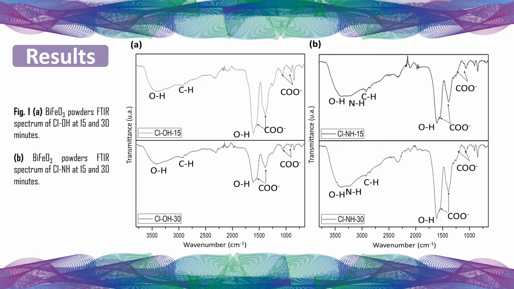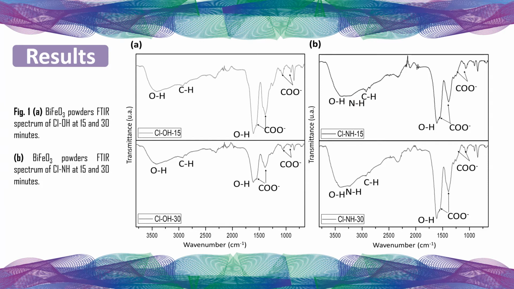Figure 1b shows the FTIR spectrum corresponding to the chloride and ammonia experiment, where we observe the same bands that we saw in figure 1a.